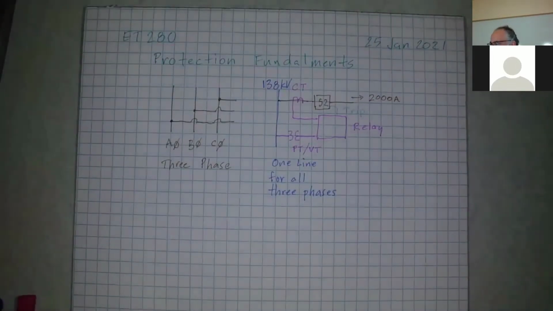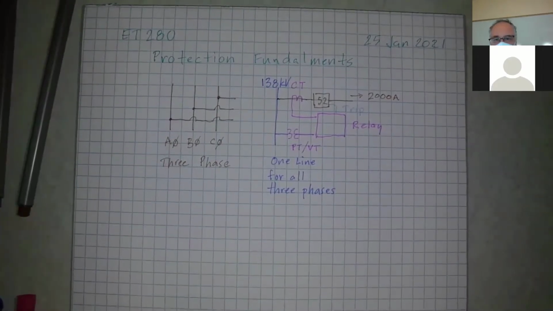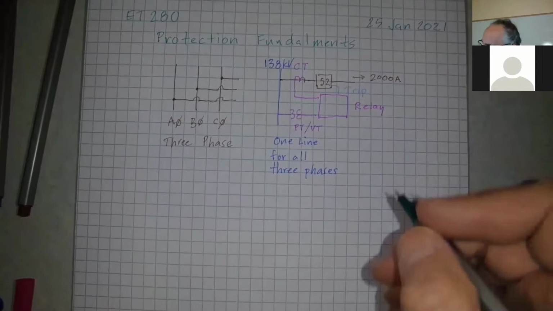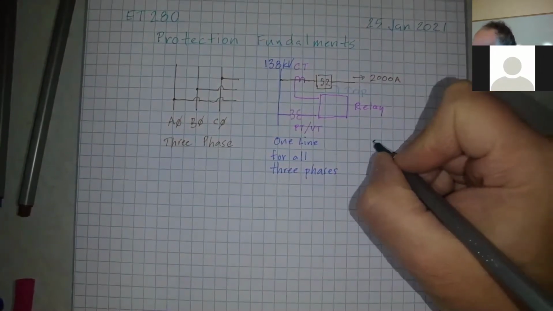Okay. If the current gets too high, if the voltage gets too high, depending upon what we're looking at with the relay, we could do that. Okay. So this would be our one line diagram.